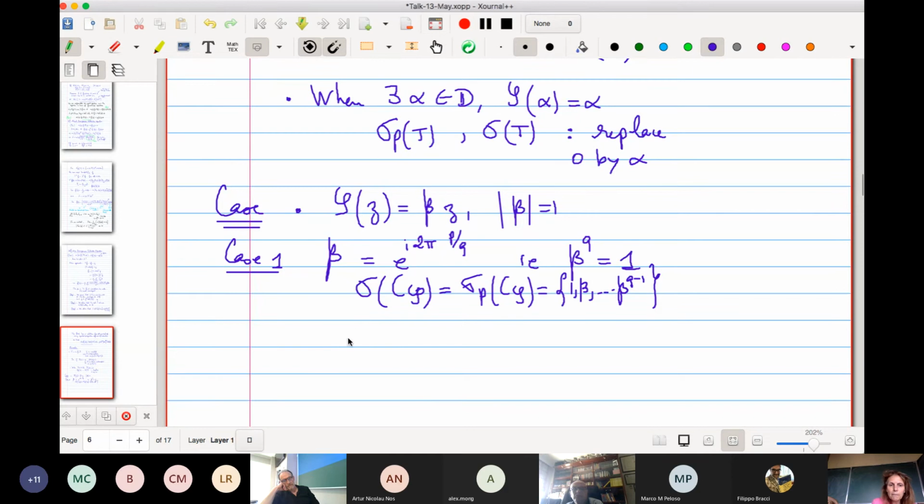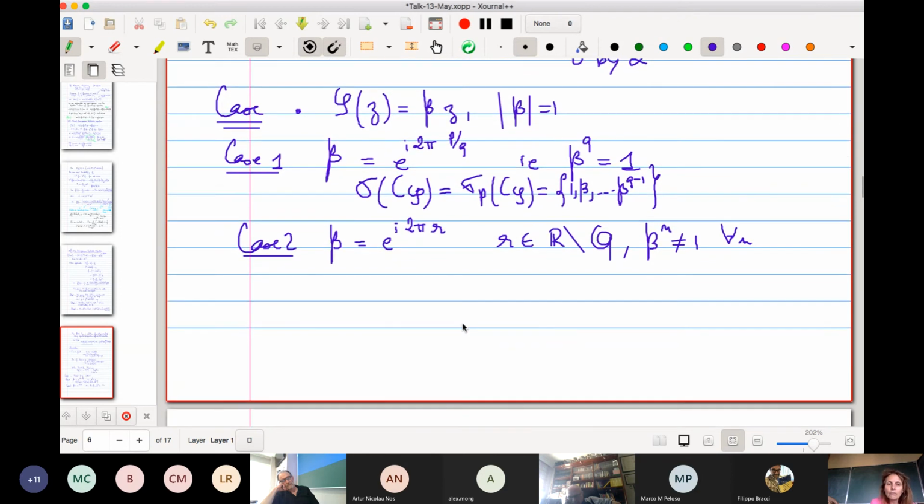But in the case where beta is, say, an aperiodic rotation, in other words, beta to the n is never equal to 1 for all n, then the spectrum of C phi is quite difficult to describe.